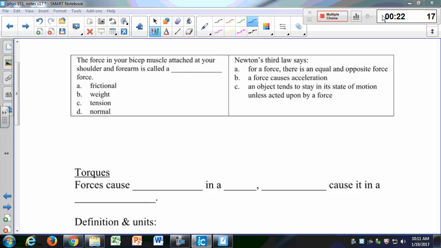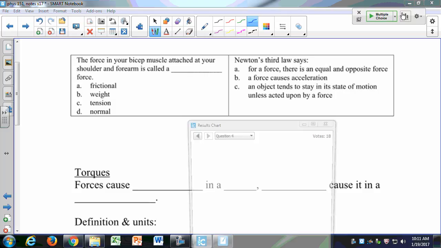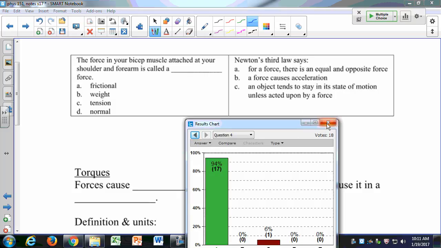All right, we will stop at 30. I got this down. Good. A is right. In fact, that's Newton's third law.